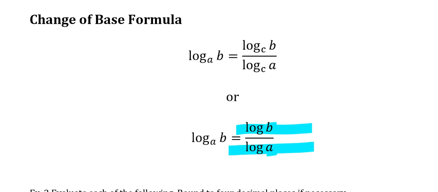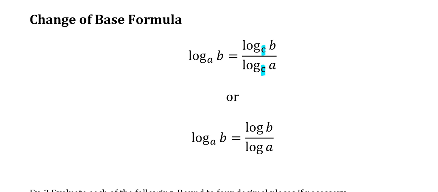And this bottom one is written with base 10 because there is no base. But you could pick the base, and there's something about that I kind of like. In some cases, you can pick a base in a simple way that makes a question really easy. So it could be any base C that you choose, but it's got to be the same on top and on bottom.